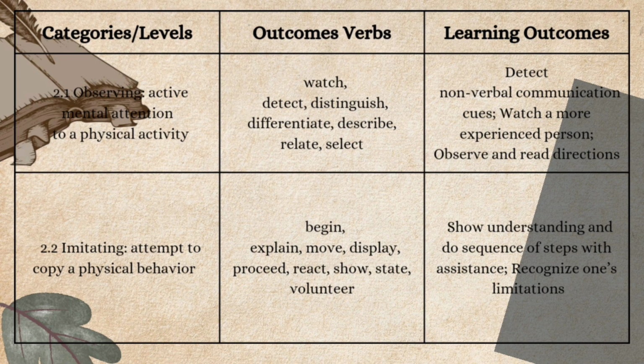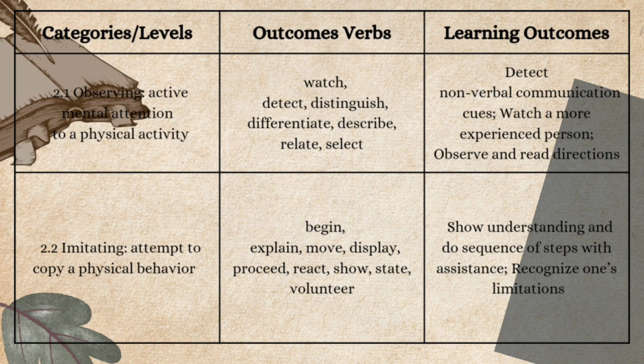For the outcome verbs, we usually use watch, detect, distinguish, differentiate, describe, relate, or select. An example will be detect nonverbal communication cues, watch a more experienced person, or observe and read directions. So that is observing, the very first level for psychomotor.